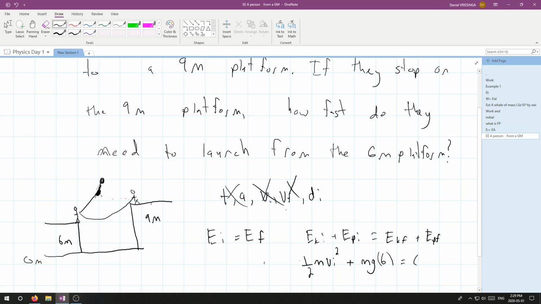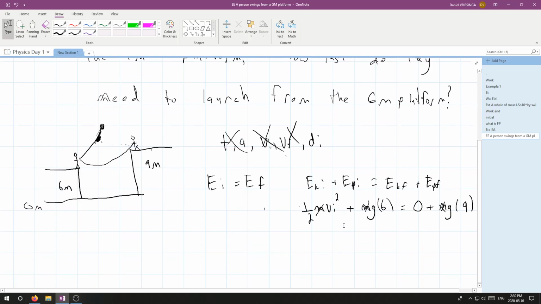What's the final kinetic energy? That's 0. What is the final potential energy? mg times 9. And we could see that the m's cancel out, which is nice for us. And I'm just going to move stuff over to the other side here. 1/2 vi squared, and that's going to equal 9g subtract 6g.